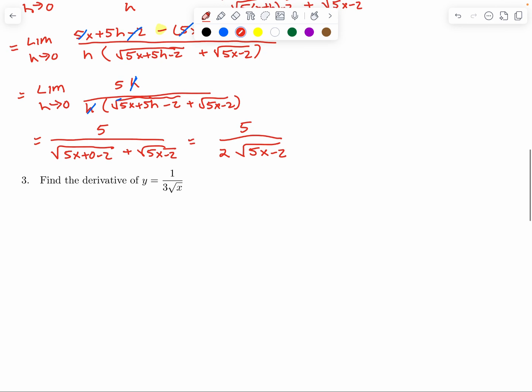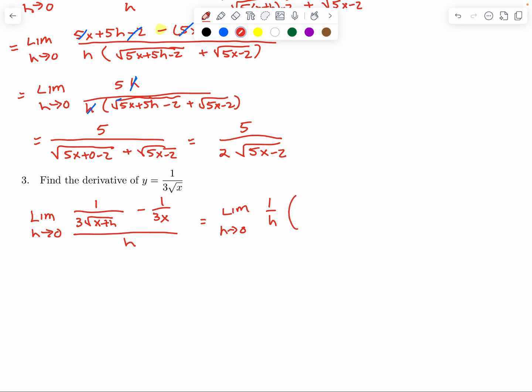Okay. This one is going to be a fraction and a square root, so we're going to have to do all sorts of stuff. Compound fraction, so I am going to do the 1 over h thing.